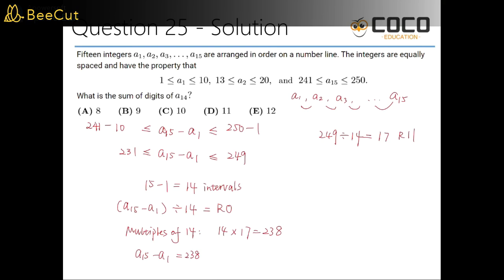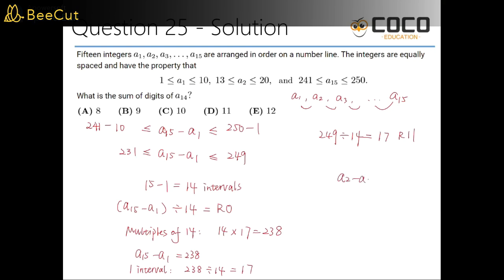Then we can find the value of these numbers. Okay, so if the difference is 238, and we know the range of A2. So let's check, one interval is 238 divided by 14. Between any two adjacent numbers, the difference is 17. Okay.